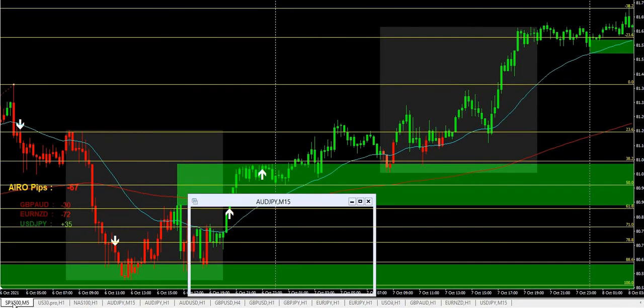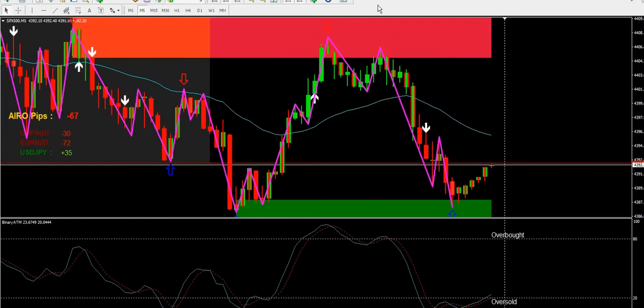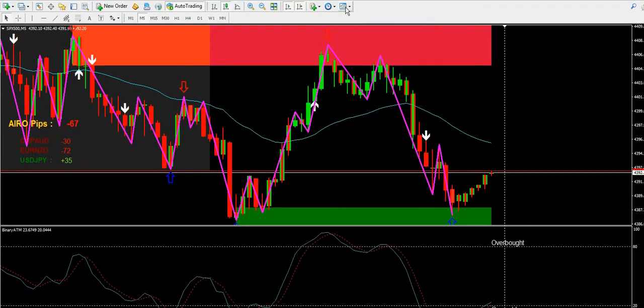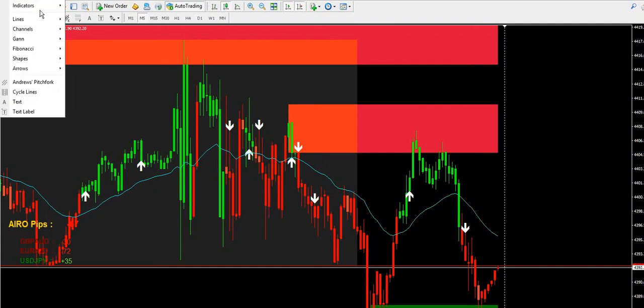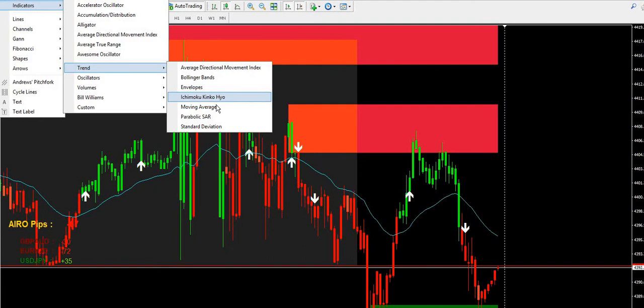So for instance, here go S&P, right? Here's S&P on the M5. So I need to add my AIRO, the 200 EMA, because I don't have it on here.